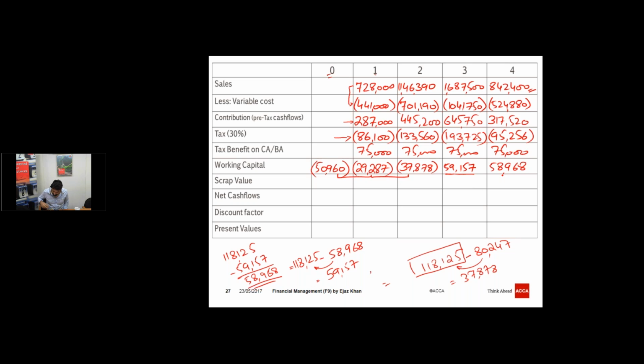Now remember, one key point is that the sum of all these five figures should be equal to 0. These three negative figures and these two positive figures should cancel out each other, because whatever capital was invested should be ejected by the end of the project.